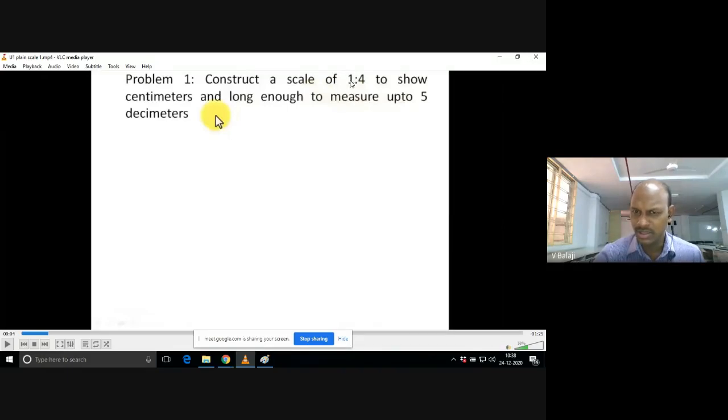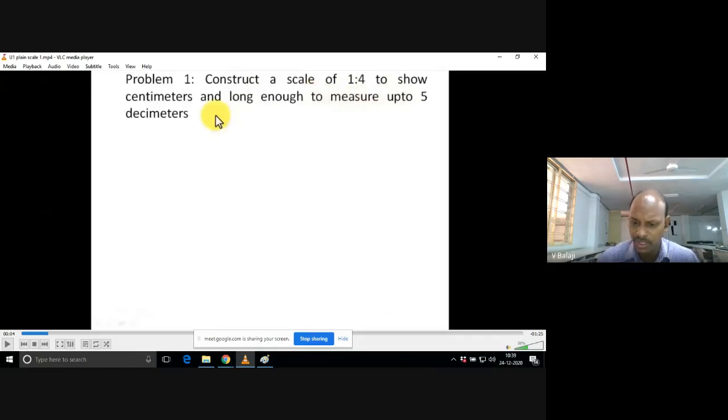You need to understand the numerator is the drawing size, and the denominator is the original actual object size. That can be a road, any land, or any big water tanker. So this ratio, I call it the representative fraction, RF.